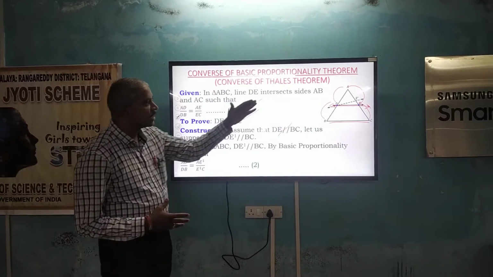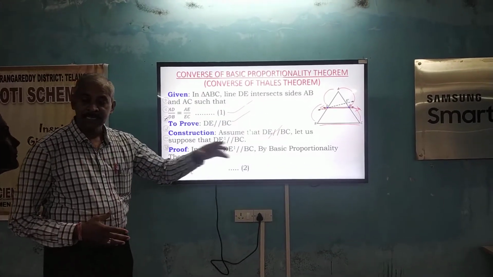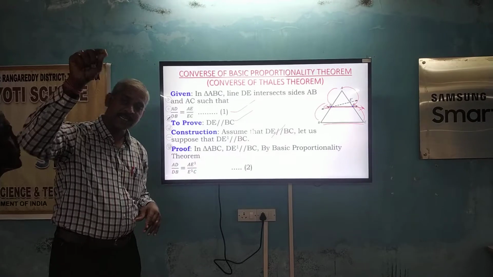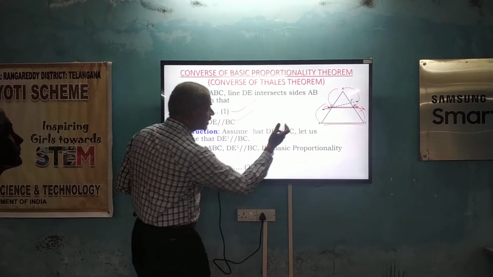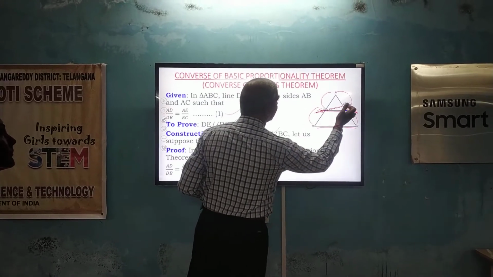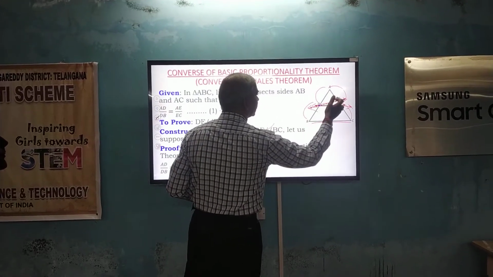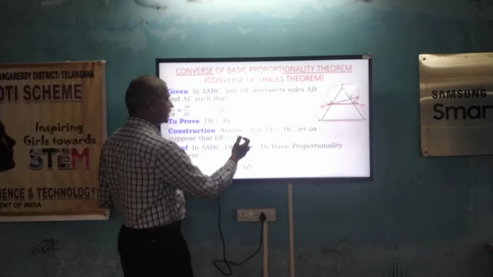If DE is not parallel to BC, then there must be another line which is parallel to BC. So we take that line as DE dash. This DE dash is parallel to BC.